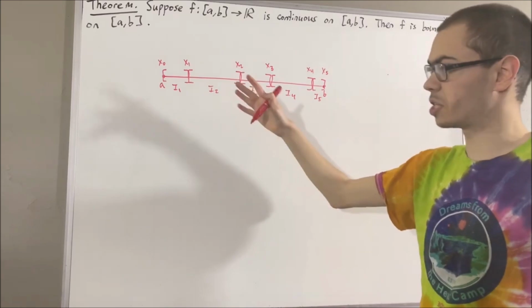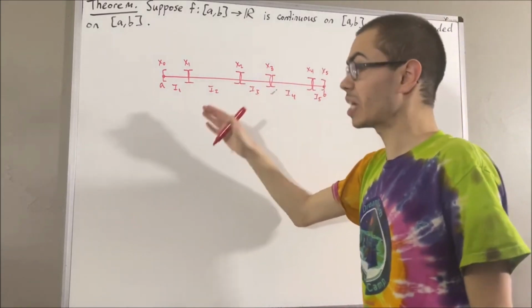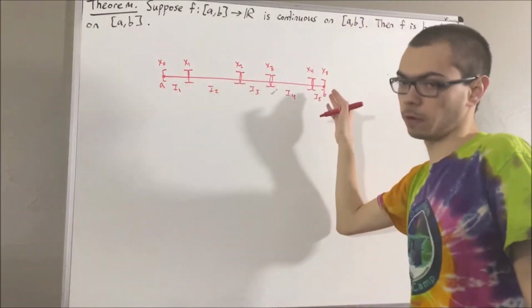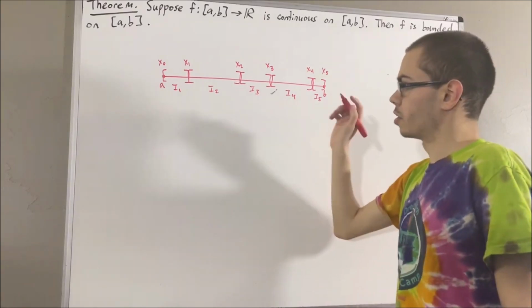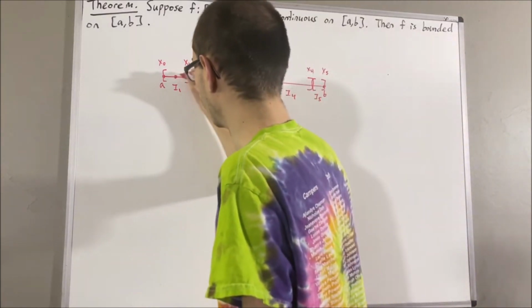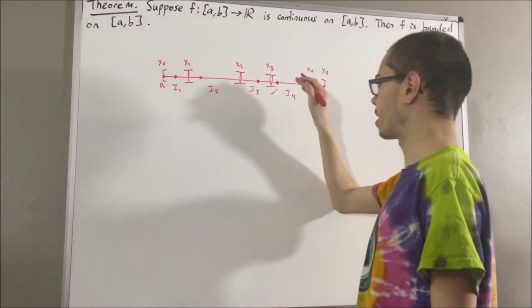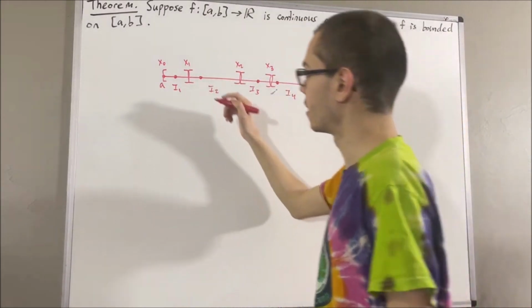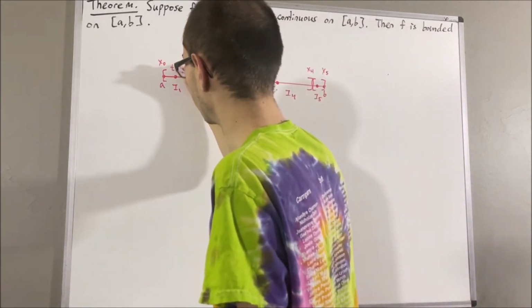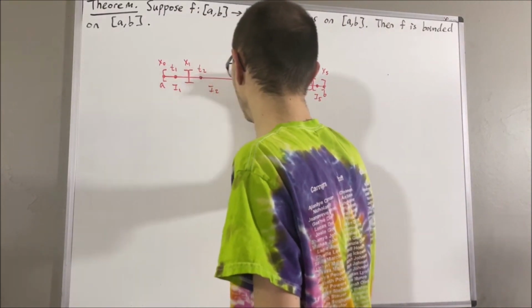Now, a tagged partition is when we select a point from each subinterval of the partition. So, for example, let's say we select these points. Each of these points that we selected are called tags, and we might label the tags t1, t2, and so on.